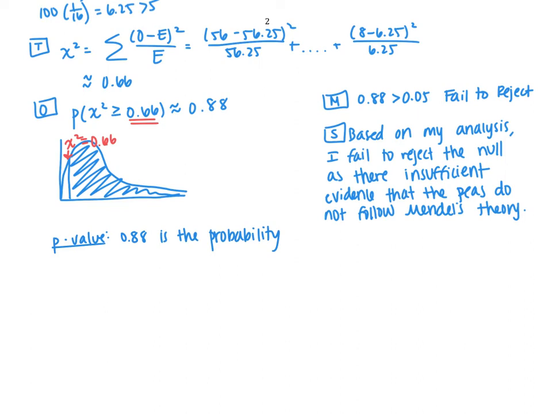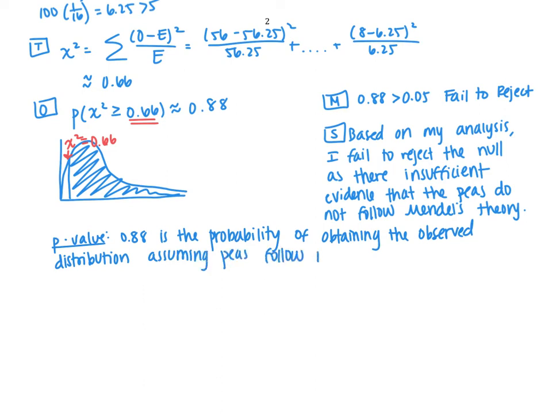So 0.88 is the probability of obtaining the observed distribution, assuming the peas follow the ratio 9:3:3:1.